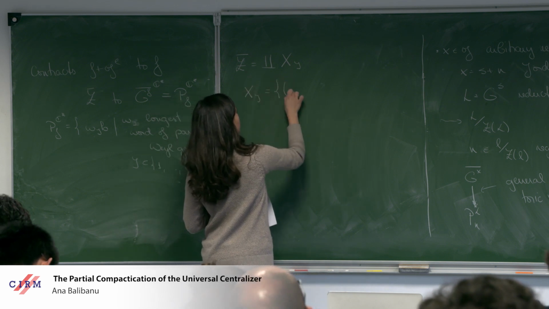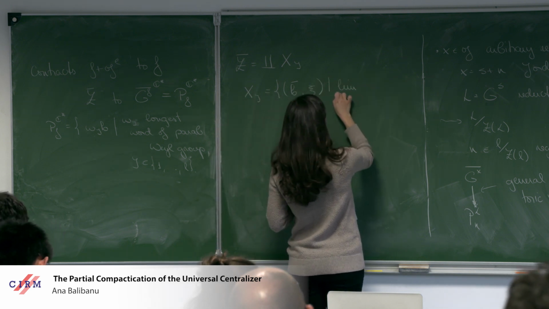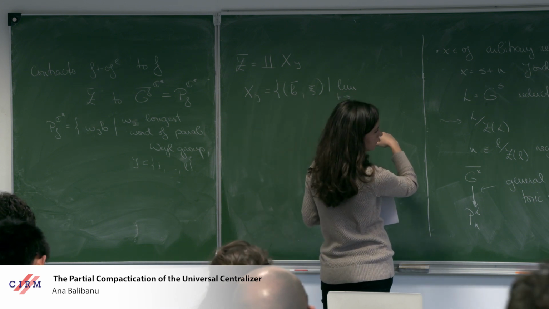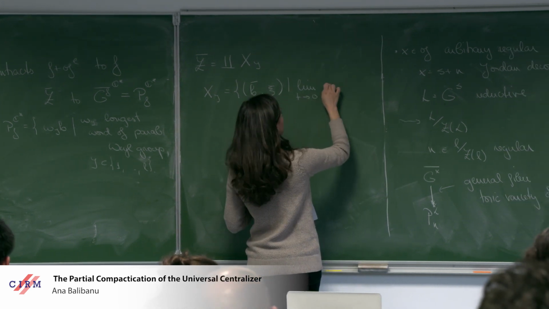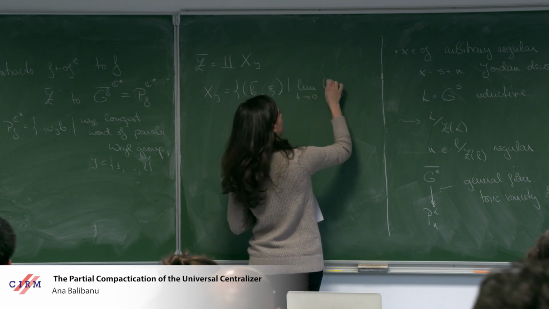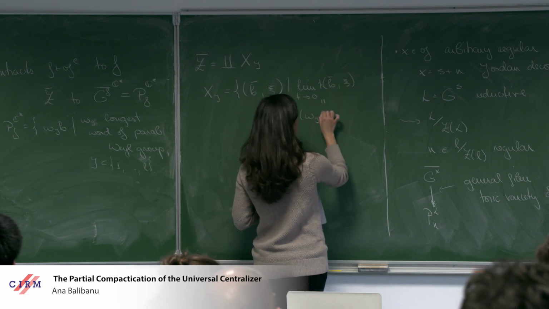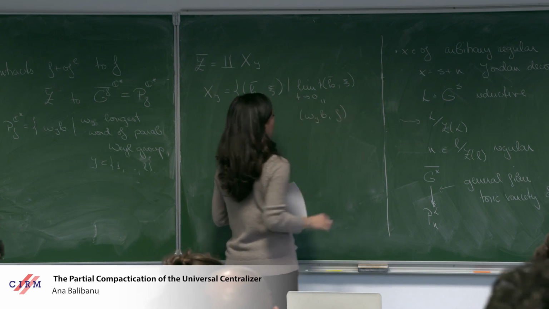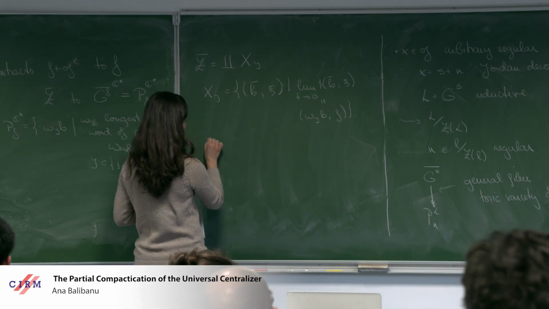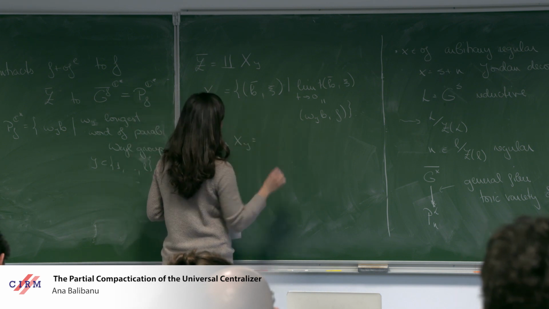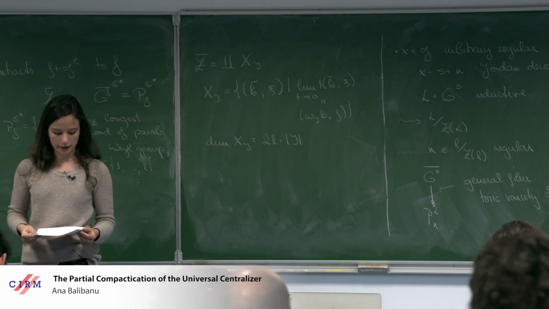Where the attracting set X_I, the collection of pairs where I let t go to 0, is the collection of pairs that flow to the fixed point indexed by the subset I. And such a thing has dimension 2L minus the cardinality of the subset.